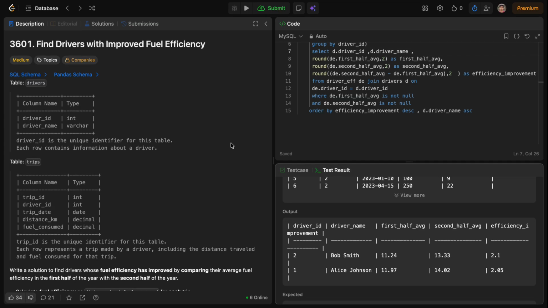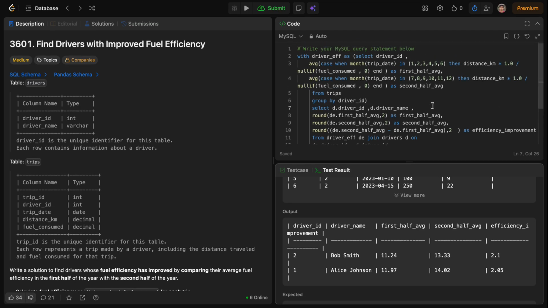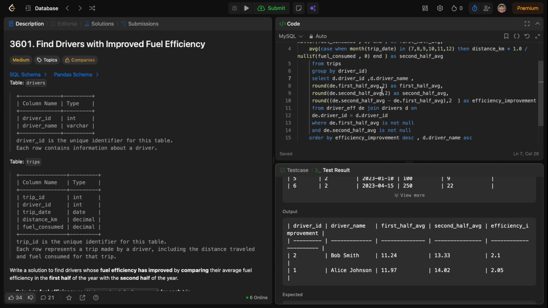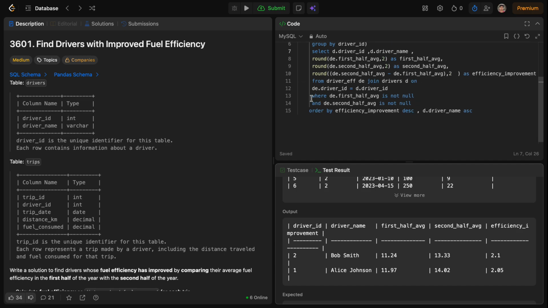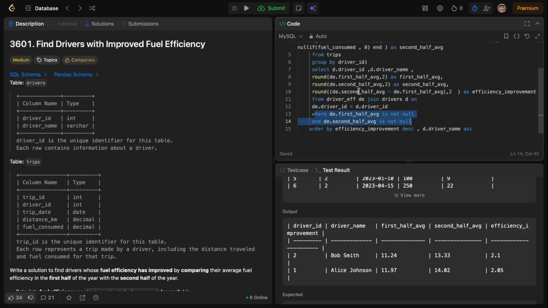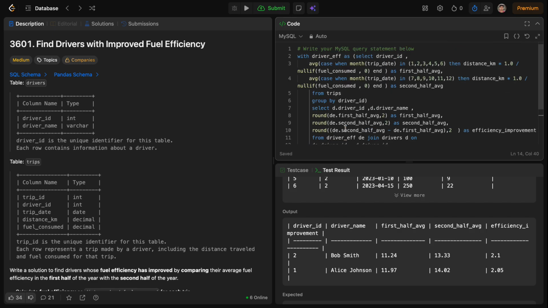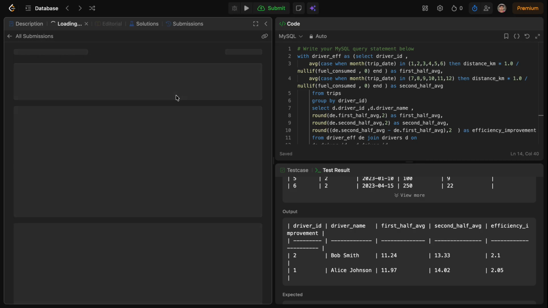See how efficiently we wrote the query while checking for possible errors like divide by 0, which are basic things we have to check, rounding to 2 decimal places, and the difference in 2 decimal places as well. And the use of is not null for both the first half average and the second half average. Now submitting this.